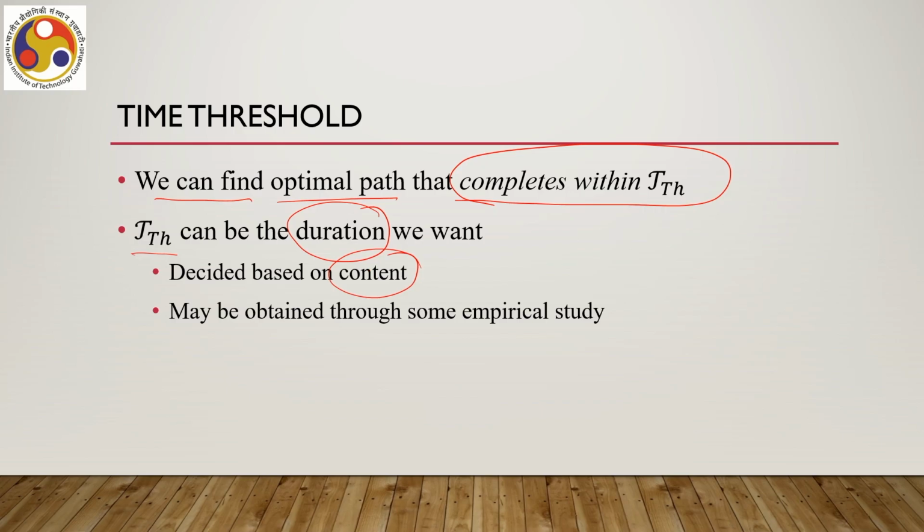Sometimes it may also depend on the speed of movement and so on. And we can obtain the threshold value through some empirical study with a limited number of users. That is one possibility. We can also use some pre-existing study results to decide on a threshold.